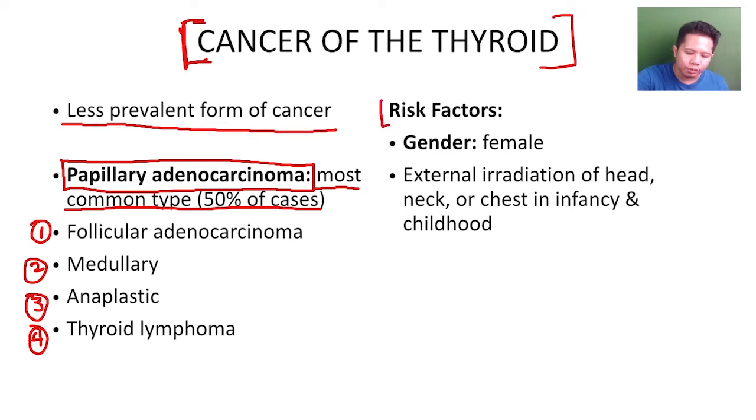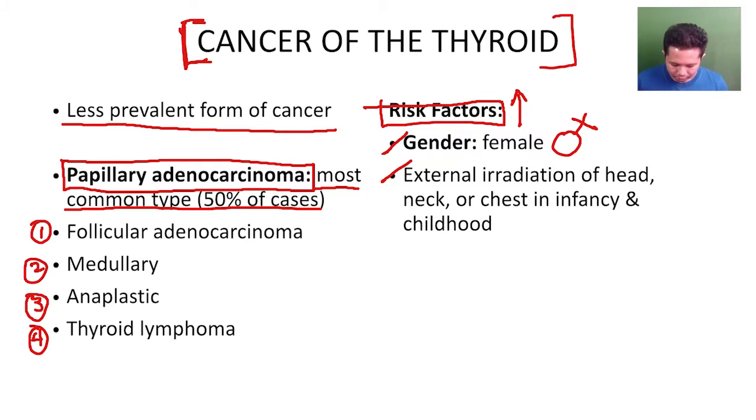Okay, so for the risk factors, what do we have? Usually females, and here there are the risk factors. If ever you have external irradiation of the head, neck, or chest in infancy or childhood, you are most likely prone to having thyroid cancer.